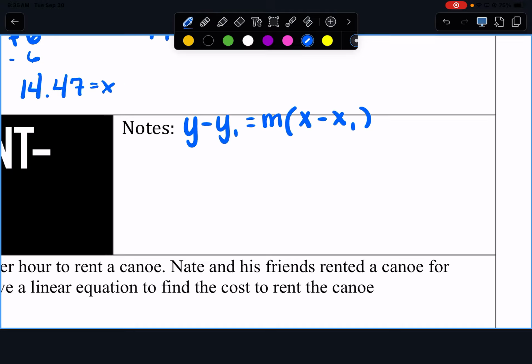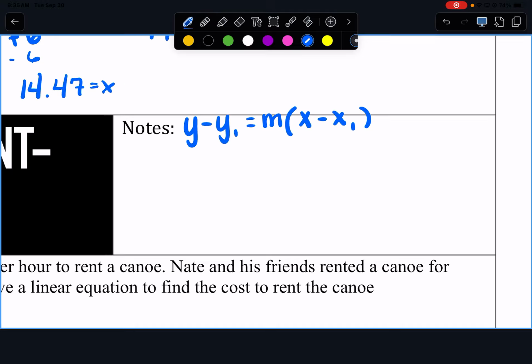Slope intercept formula is what? Okay. The name of this tells us exactly what it is. Because we have our slope and we have our intercept.